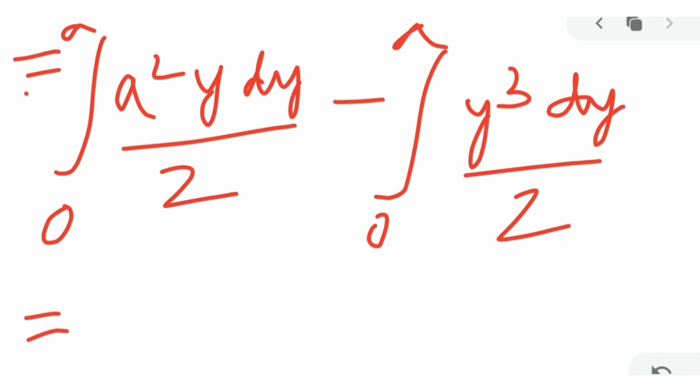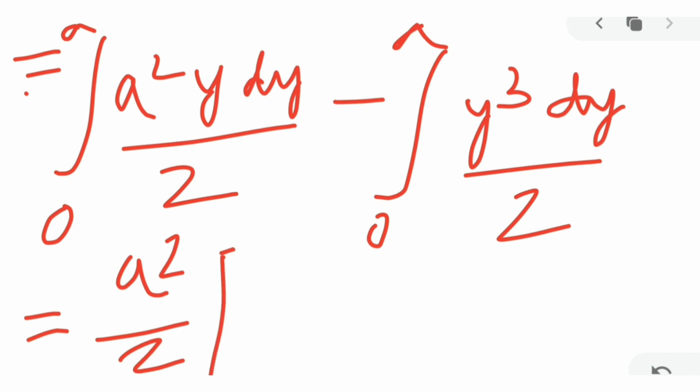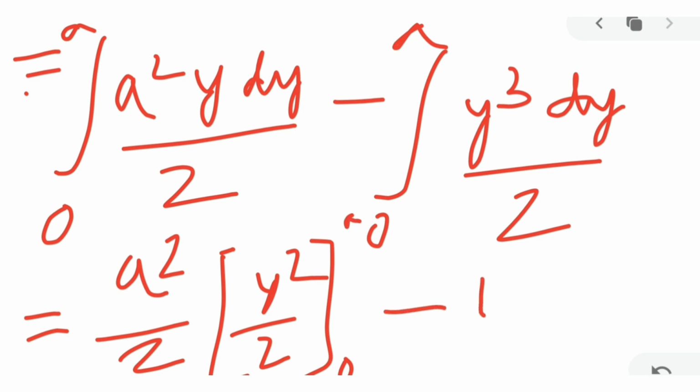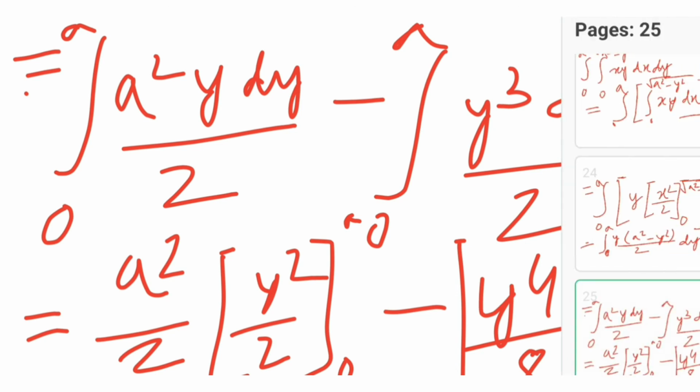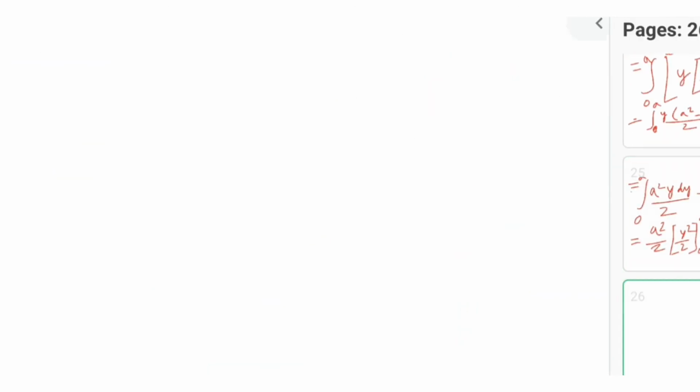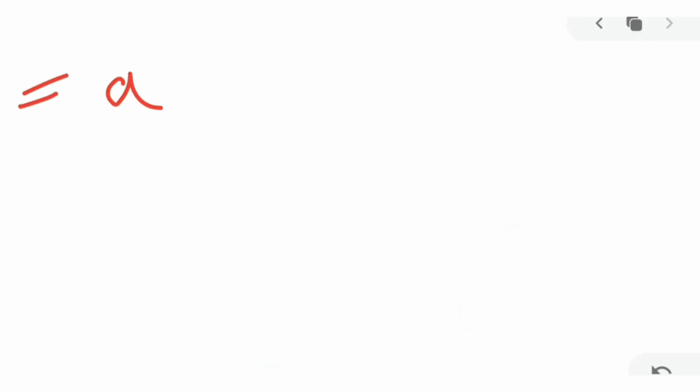So here we will have a square as constant, and then we will integrate y dy, that is y square by 2, 0 to a minus y to the power 4 by 8, 0 to a. Then we have a to the power 4.